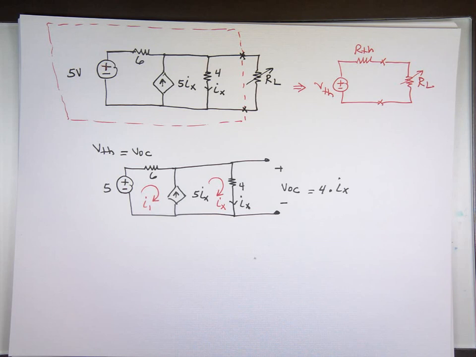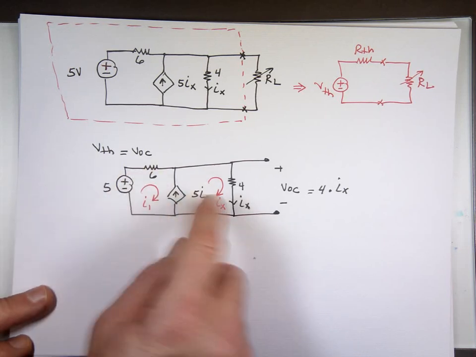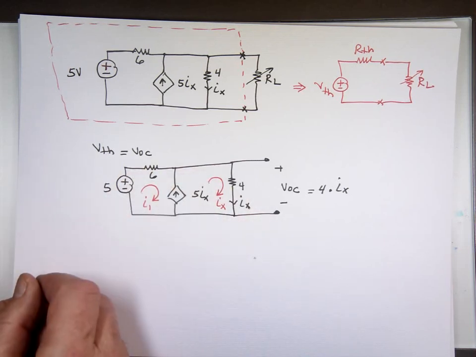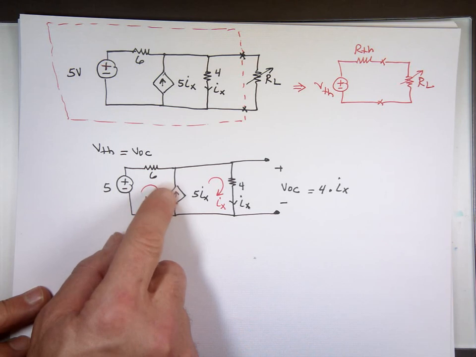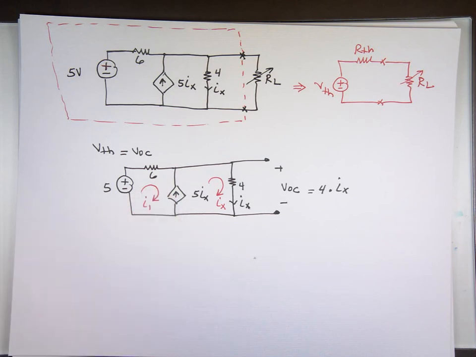Kirchhoff voltage law says the sum of the voltages in a closed loop is 0. I can't use this loop. I can't use that loop. The reason? I don't know the voltage across this source. Unknown to me.